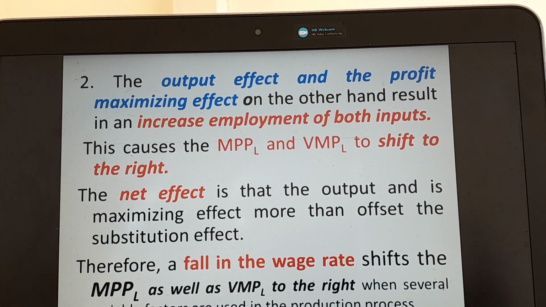The net effect is that the output and profit maximizing effect more than offset the substitution effect.